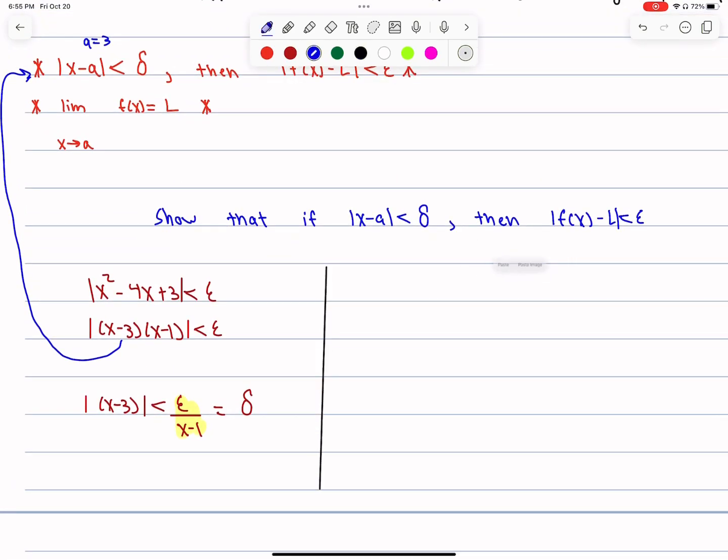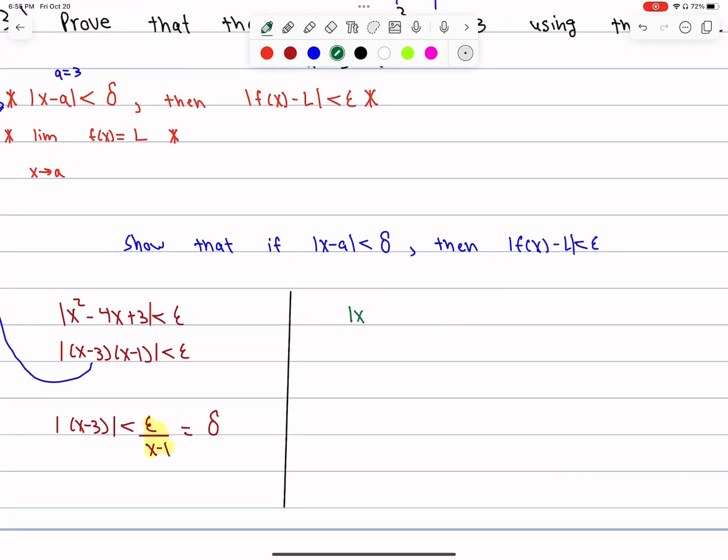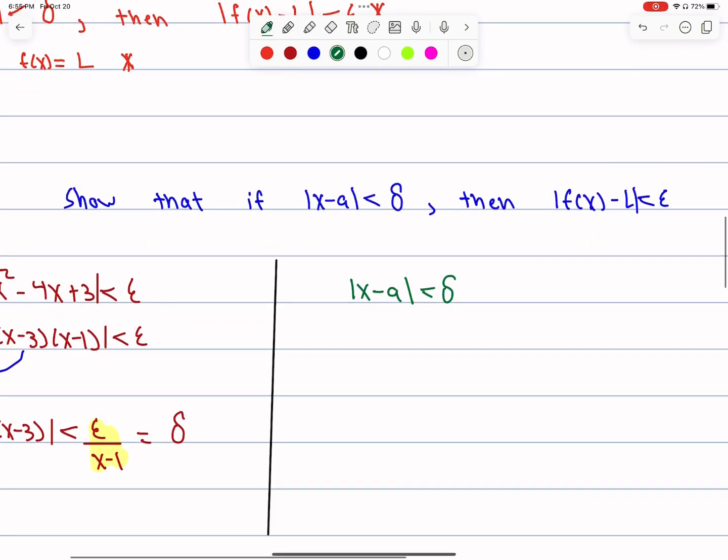Now, to verify this, we can set up the other equation, which is the absolute value of x minus a is less than delta. Since we established that delta is equal to epsilon over x minus 1, and remember that a is equal to 3, the absolute value of x minus 3 is less than epsilon over x minus 1.